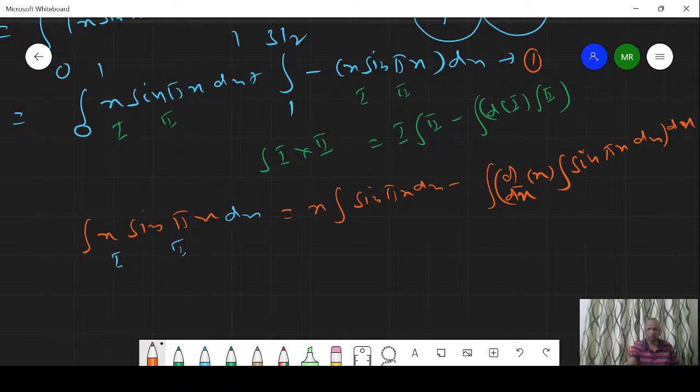This is what I told you. Now this becomes x into the integral of sin πx, which is minus cos πx, and by the derivative of πx, this π I should divide. It comes like this. Correct.